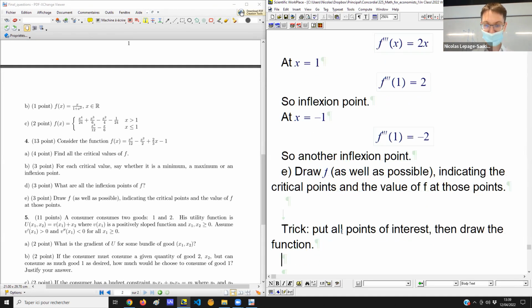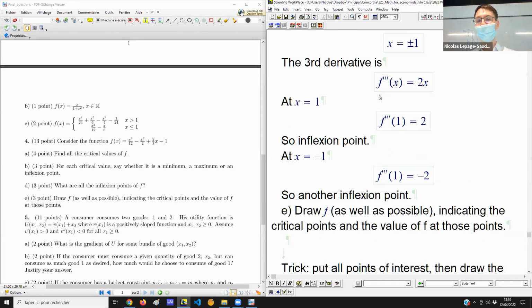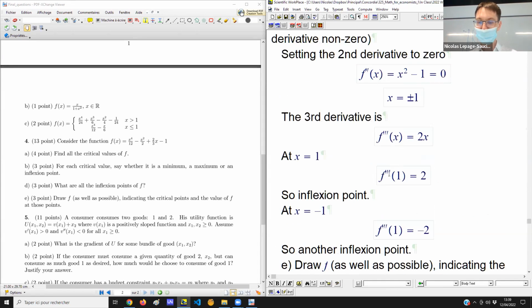What points do we care about? So set of points. So we have -2. Yeah, let's put the critical values too. I'm not going to be mad if you put more information. Just put at least what I said. So -2, -1 is interesting.